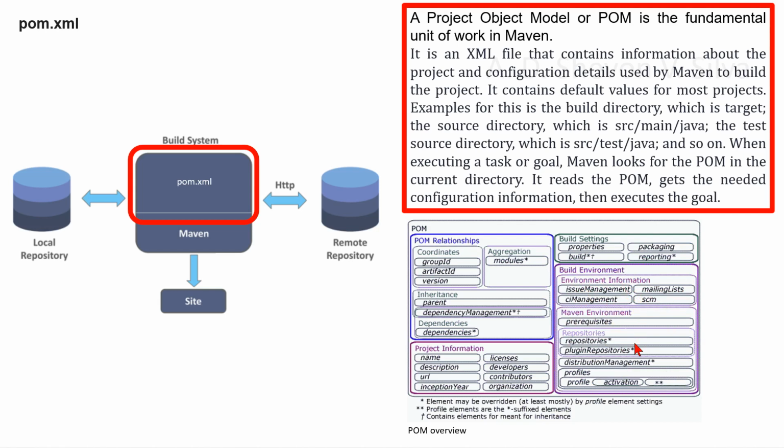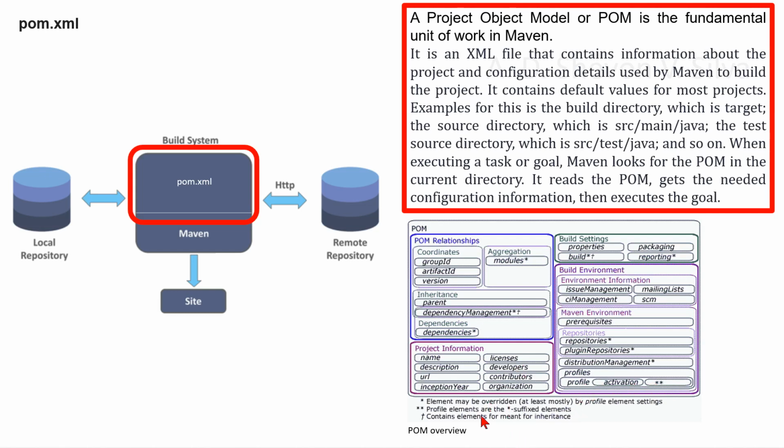And you can see prerequisites, repositories, distribution management, and profiles under Maven environment. And you can see repositories, plugin repositories, and repositories and plugin repositories under repositories. And you can see profile under profiles, and activation and suffix elements under profile.